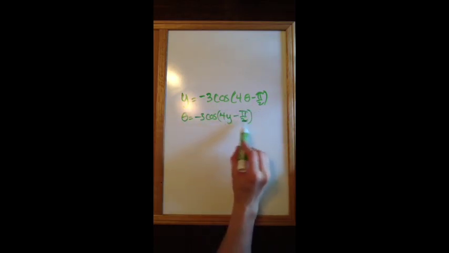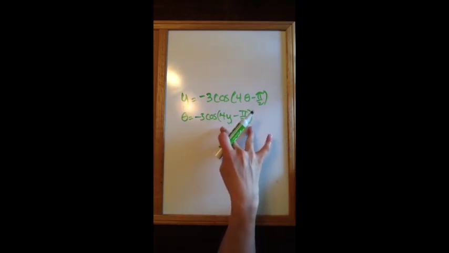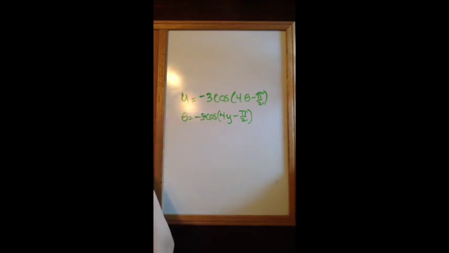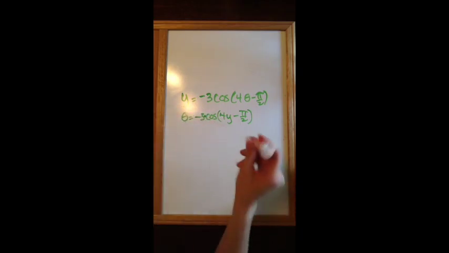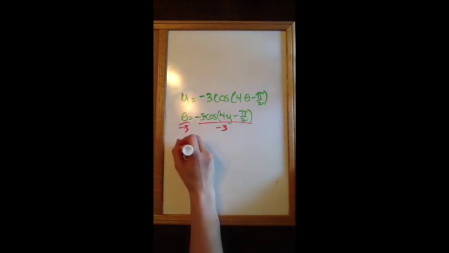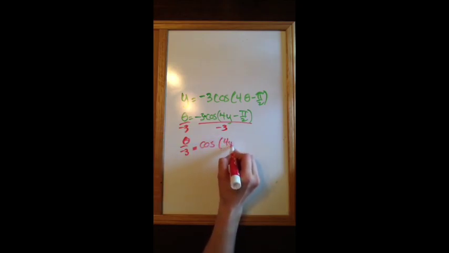Now, because we have the parentheses, I know that pi halves is inside the cosine. So the only thing outside the cosine is the -3. So I want to undo multiplying by -3, so I'm going to divide by -3. When I divide by -3, I have cosine of 4y minus pi halves.